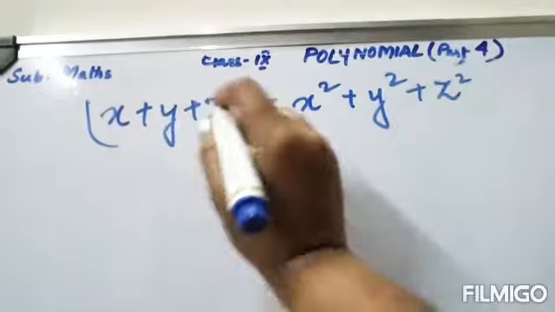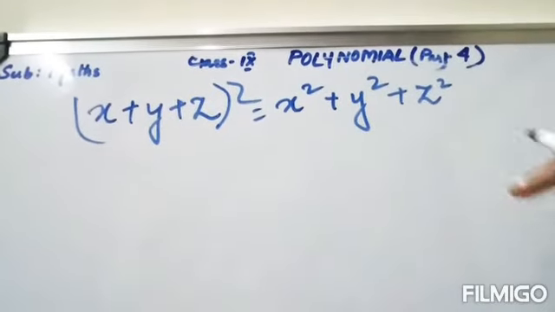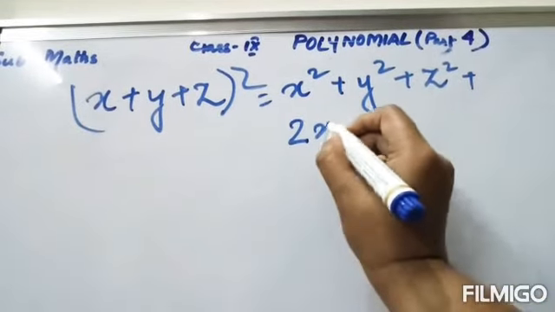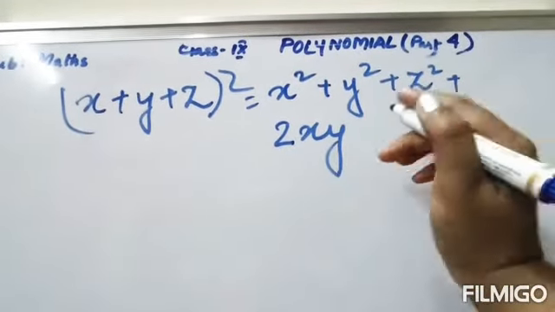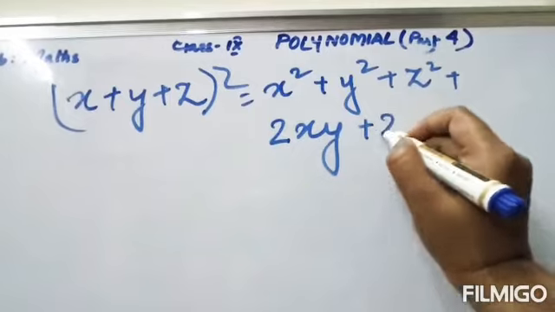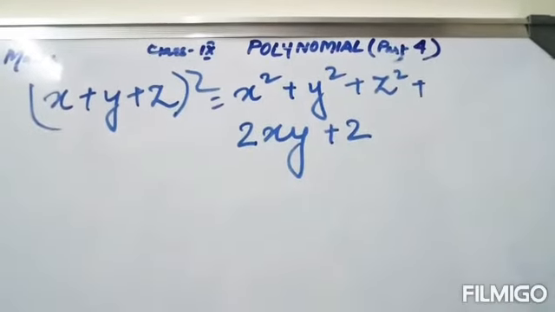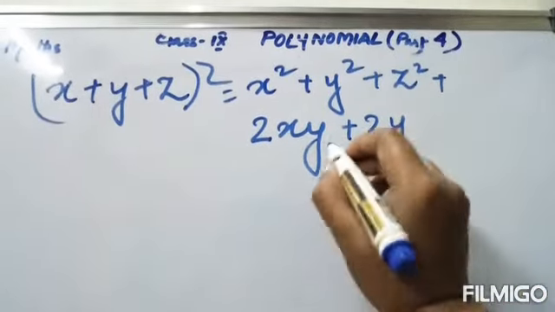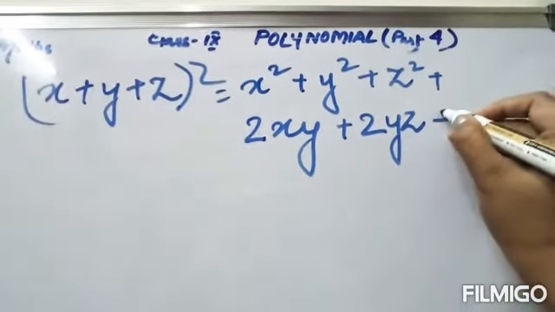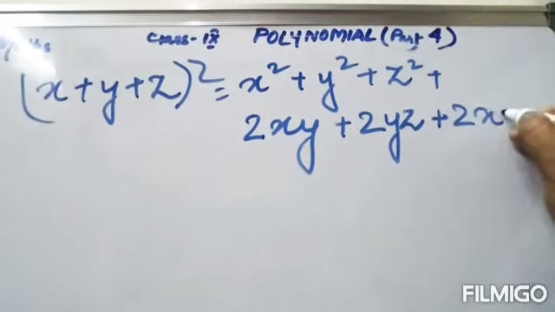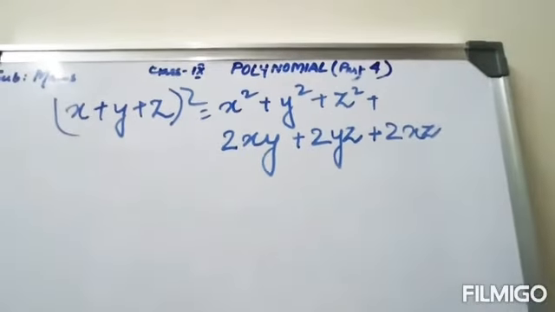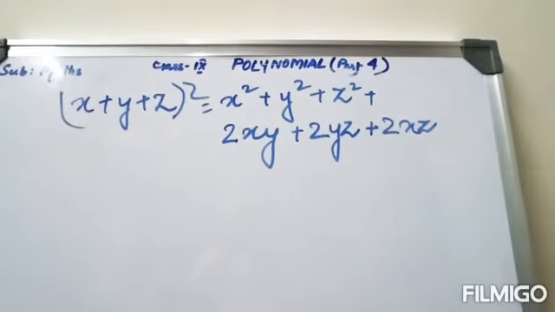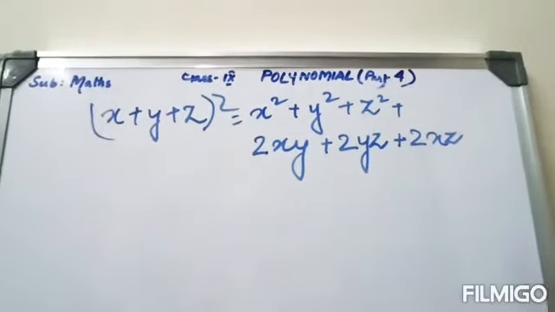Individually we write the squares, and if two variables were given, we would have written 2xy. So with three variables we write combinations of two variables multiplied by 2: 2xy, then 2yz, and what is left? 2xz. This is one of the identities we will be applying.